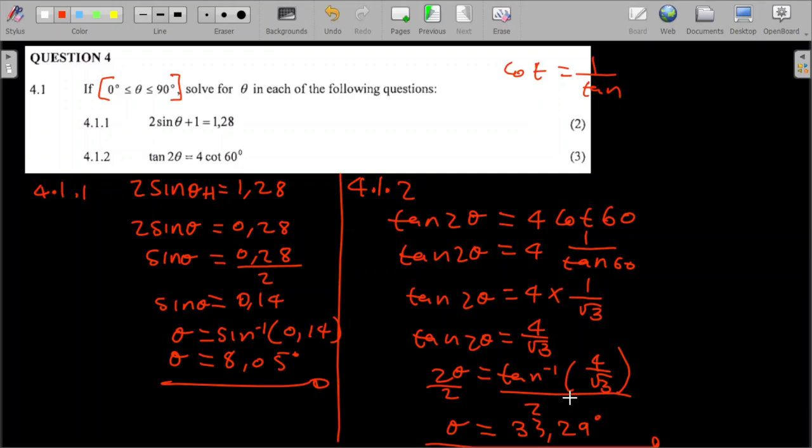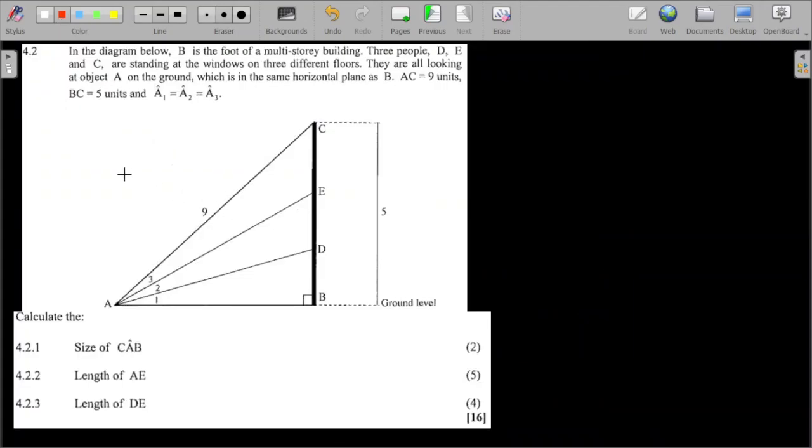Oh, I haven't finished. Let me go to the second part of Question 4. Now, doing 4.2, it's saying in the diagram below, B is the foot of a multi-story building. Three people, D, E, and C, are standing at the windows on three different floors.